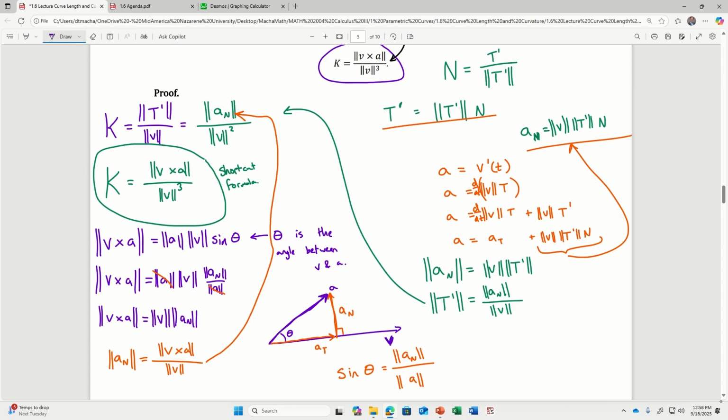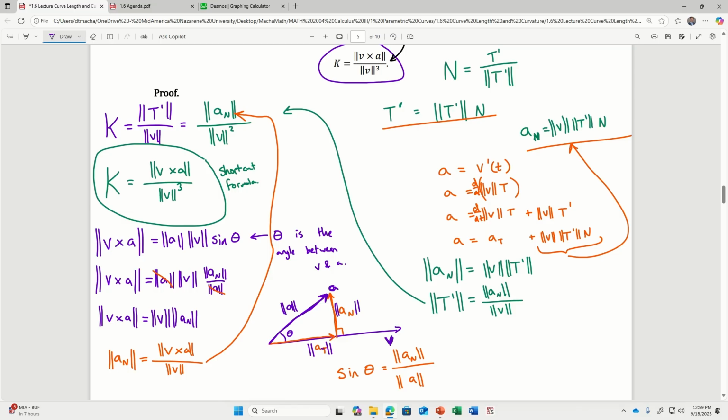And this vector over here is the a vector, the acceleration vector. So the length of this vector is the norm, and the opposite side is not the vector normal component of acceleration, but it's the norm of it. And this side of the triangle would be the norm of the tangential component.